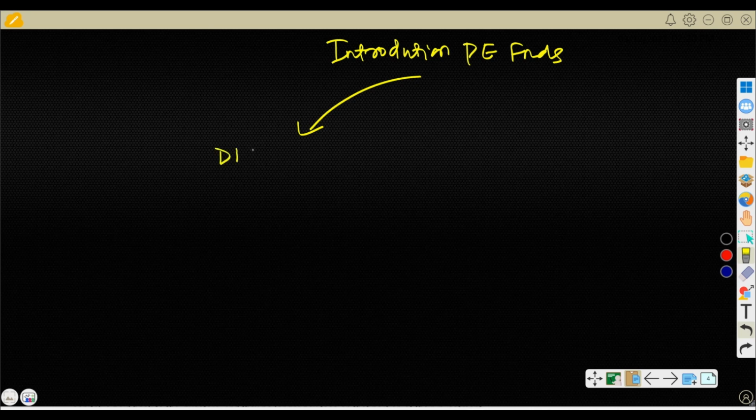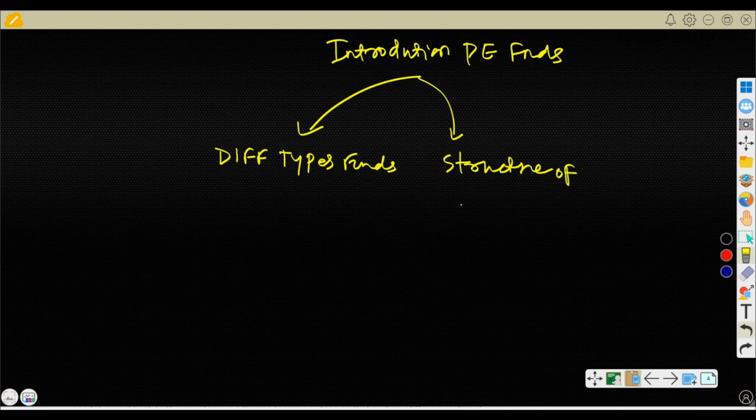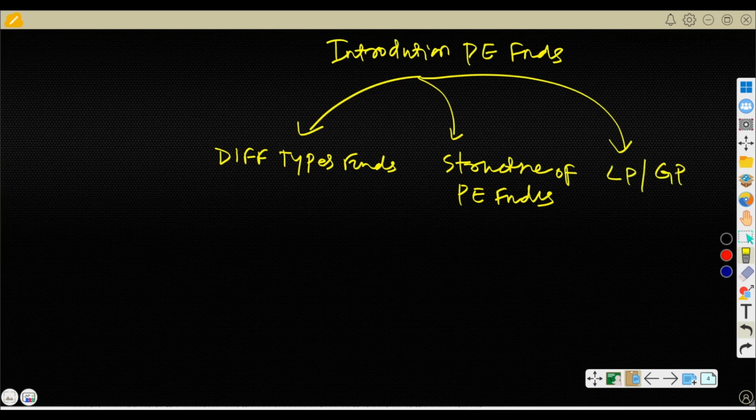Then the structure of a PE fund. Then LP and GP and their roles and responsibilities. Or if we get any time, then we'll also look at important documentation.